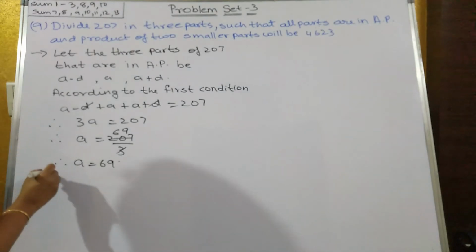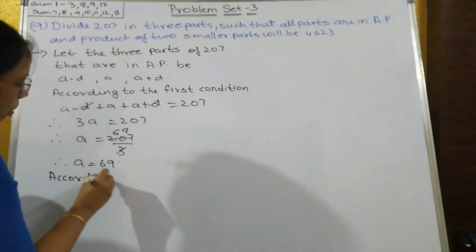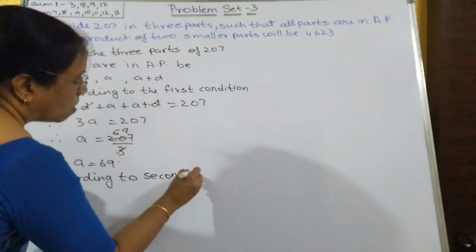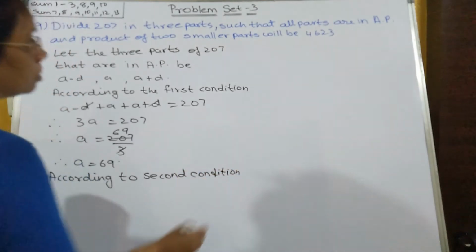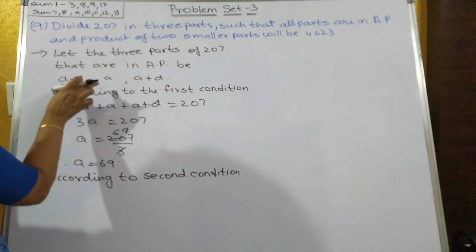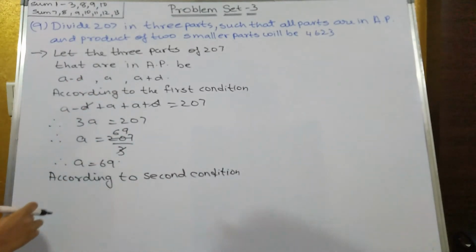According to the second condition, the product of the two smaller parts, which are the two smaller parts, will be how much? 4623.